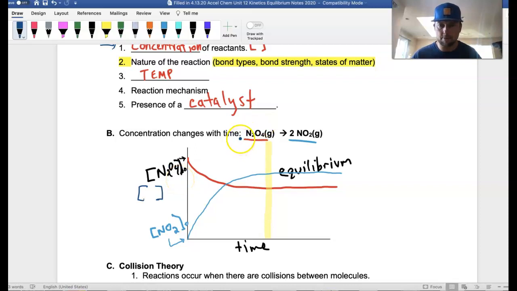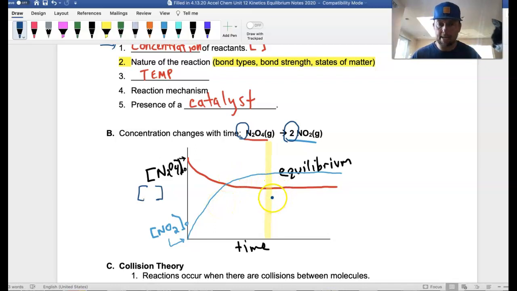That is because of the coefficients, there's a 1 in front of N2O4 and a 2 in front of NO2. So every time one of the dinitrogen tetroxide decomposes, it's forming 2 of the nitrogen dioxide. So the concentrations change at different rates.